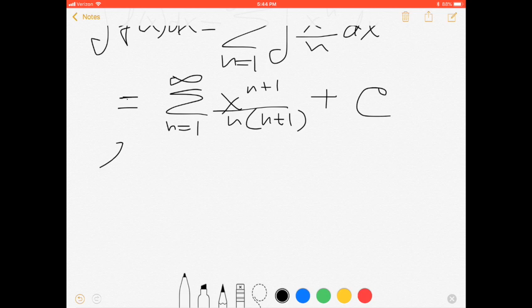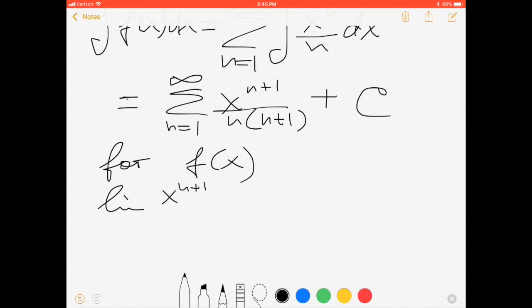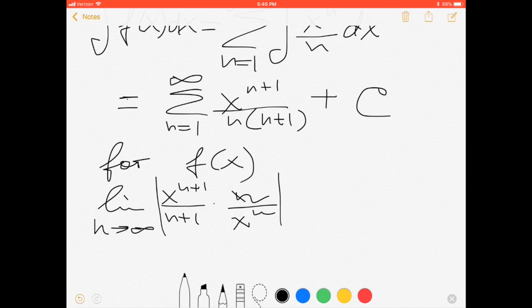For f(x) we have the limit of the absolute value of x to the n plus 1 over n plus 1 times n over x to the n, as n approaches infinity. Simplifying, we have the absolute value of x times the limit of n over n plus 1.